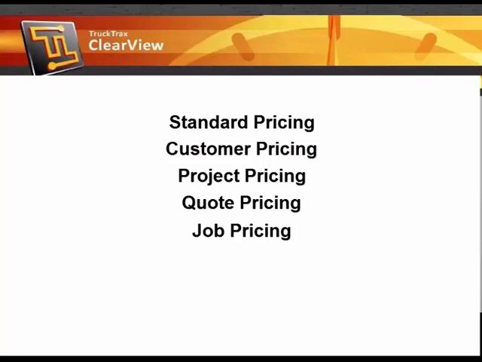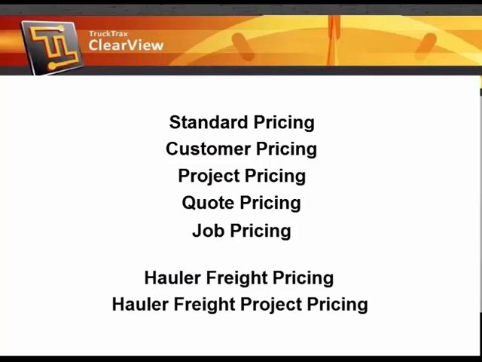ClearView also has a couple of levels that pertain primarily to aggregates. They are hauler freight pricing, where surcharges can be modified and applied to a specific hauler, and hauler freight project pricing, where surcharges can be modified and applied to a specific hauler for a specific project. Just as with product pricing, when multiple levels of surcharges apply, ClearView will use the most specific level of pricing.